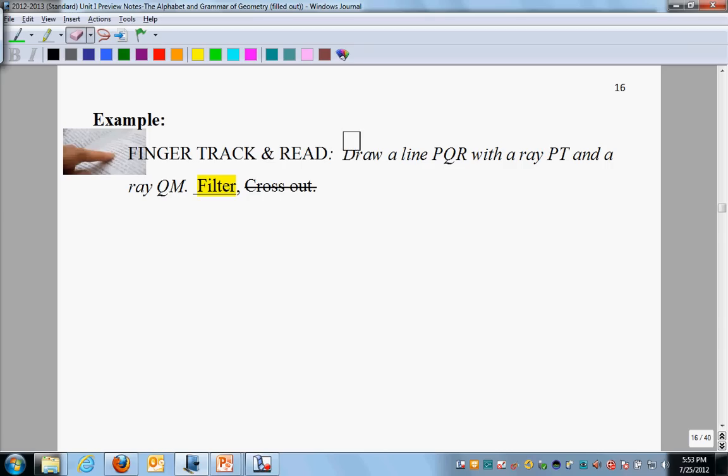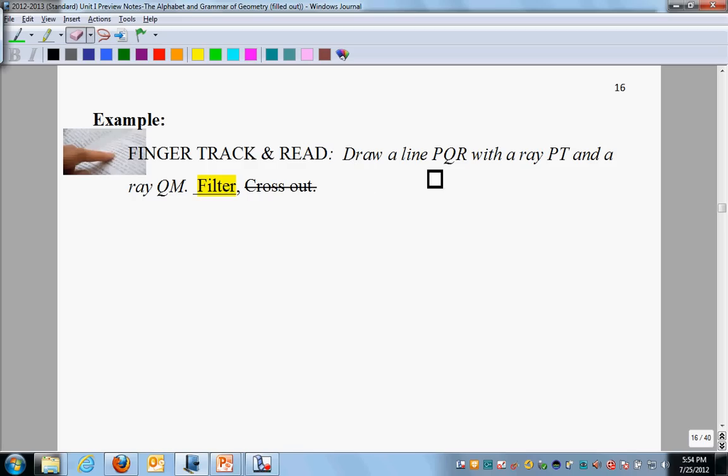That's called finger, track, and read. Put your finger right at this word draw. Follow the little box here. As I read, you're going to track your finger along with the words, left to right. This is so you don't lose details.